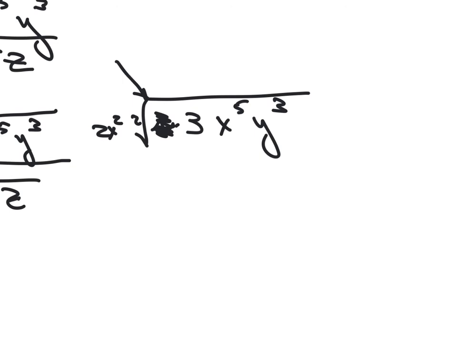So that's no longer a 5, it's a 1 left over. I'm going to do the same thing here. How many times does 2 go into 3? It goes into it once, and it has how many left over? It has 1 left over.